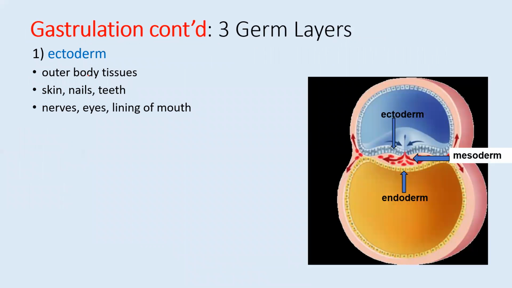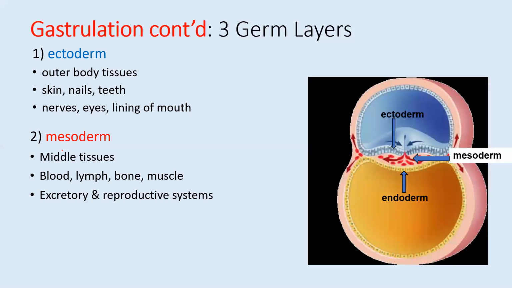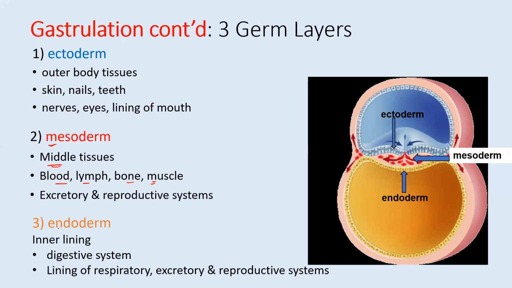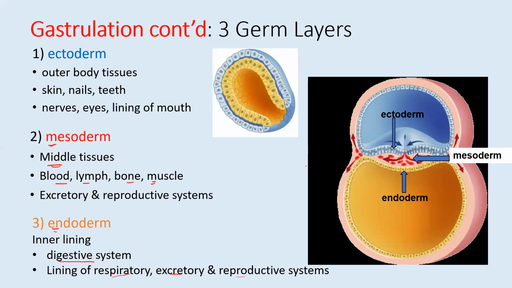So the ectoderm is the outer body tissues: skin, nails, teeth, nerves, eyes, lining of the mouth. Mesoderm, middle: blood, lymph, bone, and muscle, excretory and reproductive systems. And endoderm is your gut lining, but also respiratory, excretory, and reproductive systems as well. Now that forms later. Ectoderm and endoderm form first.